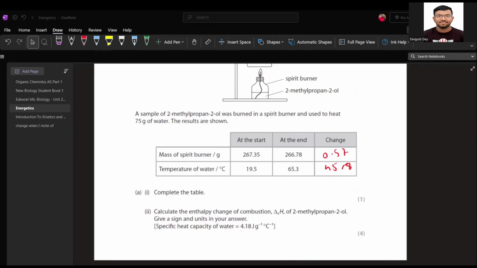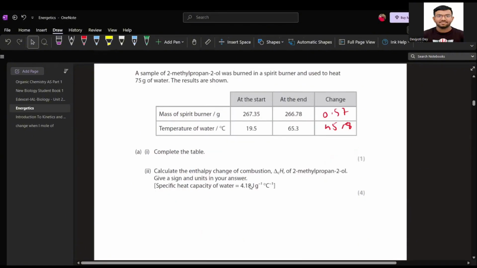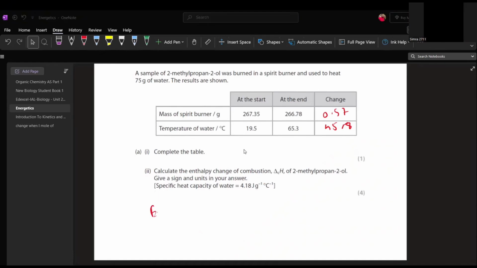So what is the answer that you get? For Q, I got 1400, 358.3 joules.